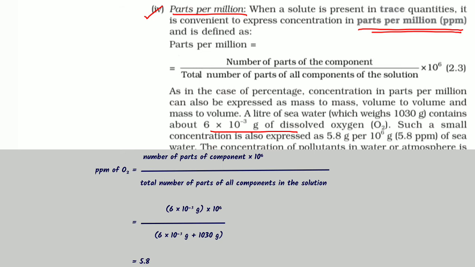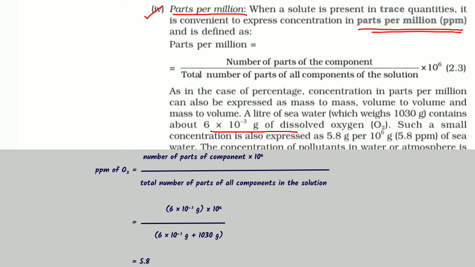The 6 into 10 to the minus 3 gram comes from the solute, and the 10 to the power 3 gram comes from the solvent. Then we multiply by a million, that means 10 to the power 6, to get how many parts of oxygen are present per million.